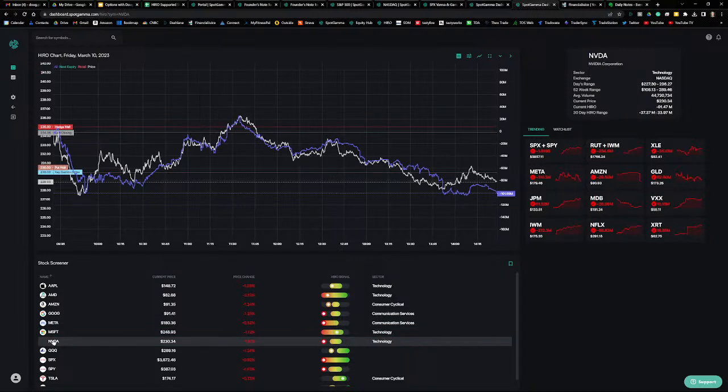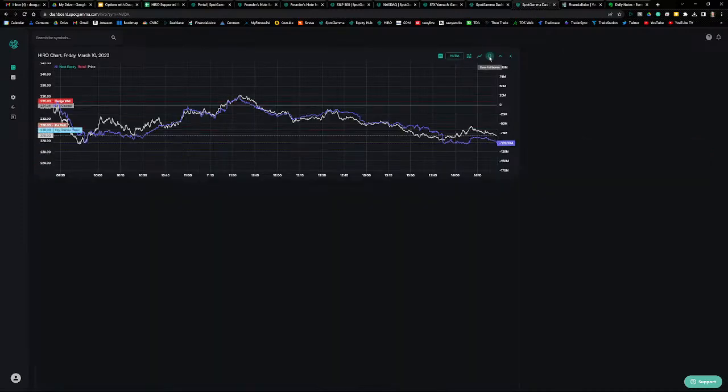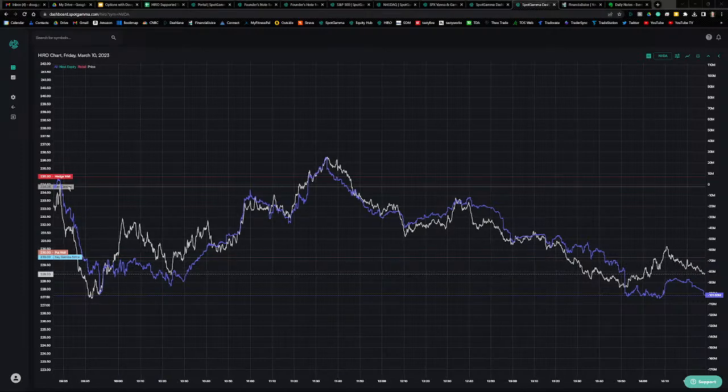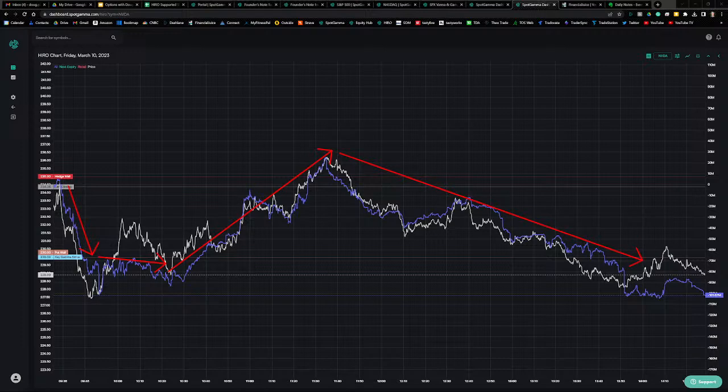NVIDIA has typically a pretty strong correlation between hedging flow and price action, and strong correlation with this down move. Hero levels off, then options traders come in, and there's the real long setup, this pullback down around 1020, and then options traders start taking negative delta positions, price moves lower.